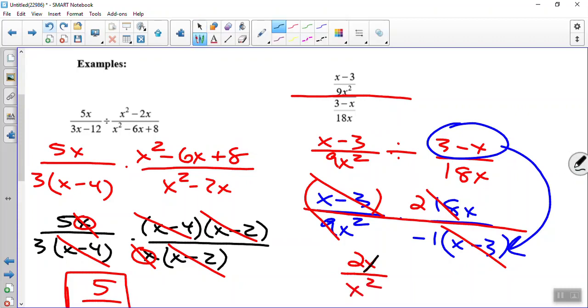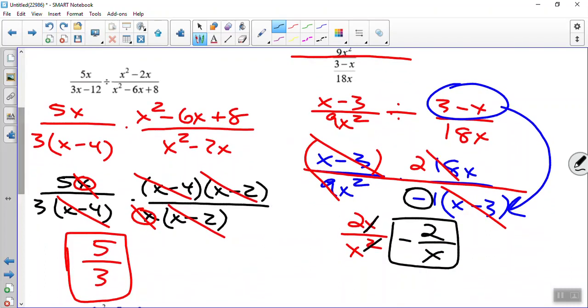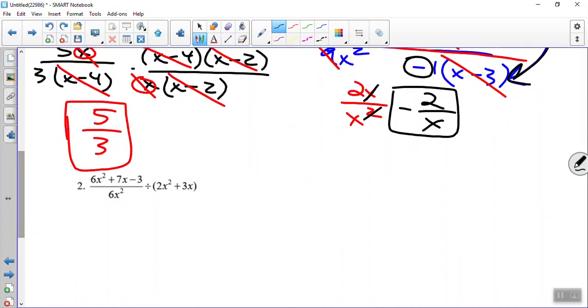Well, this x and one of these x's down here can cancel, so I'm left with 2 over x, but I still have this negative. Simplifies to negative 2 over x. Okay, but you wouldn't be able to do that if you didn't factor out the negative 1 here. Okay, that's dividing, so it's really just one extra step from multiplying. All right, so try number 2 and check your answer when you get to class. All right, we'll see you then.